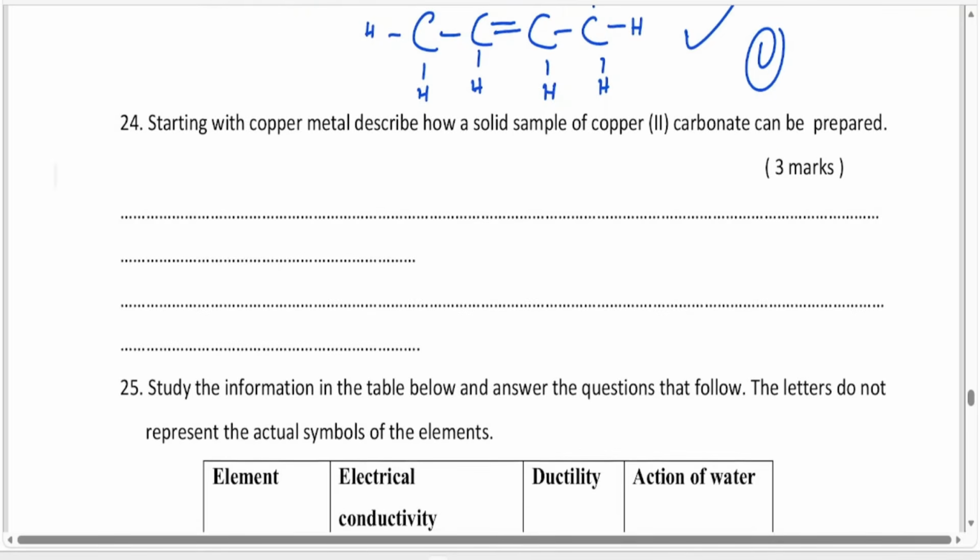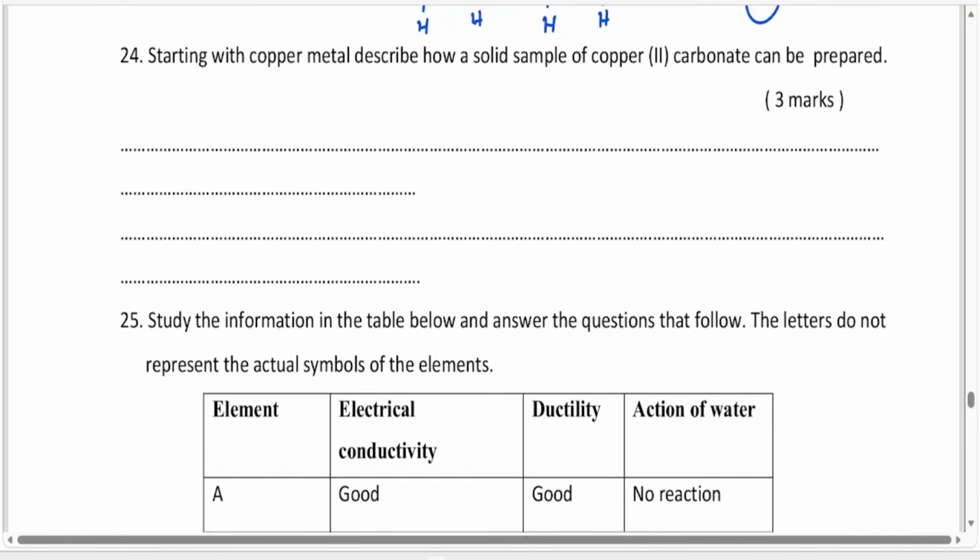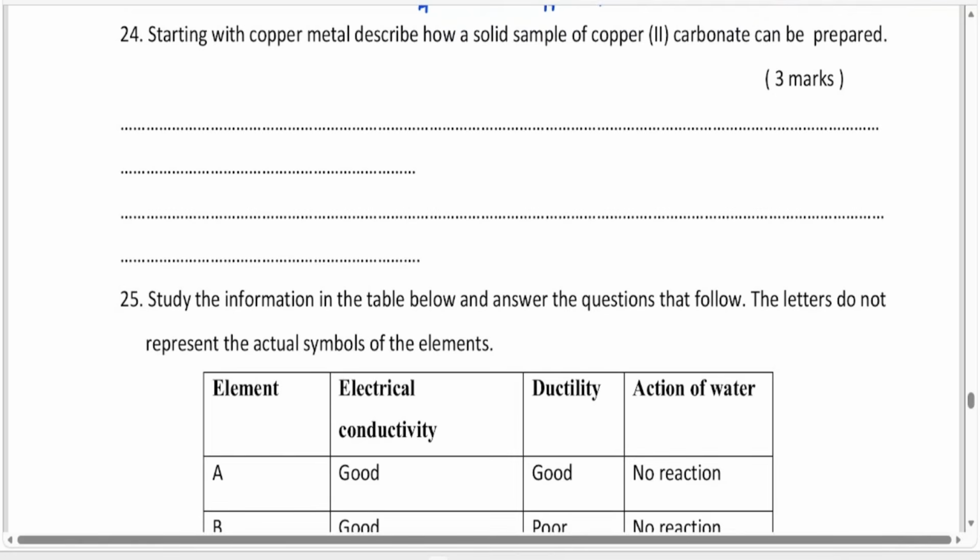Question number 24. Starting with copper metal, describe how a solid sample of copper(II) carbonate can be prepared. Students, we have two alternative methods of preparing copper(II) carbonate. We know copper itself does not react with dilute acids.